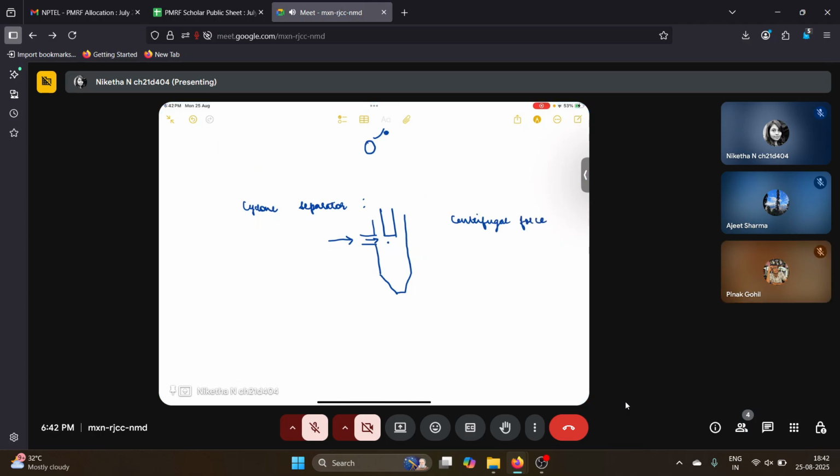What is the centrifugal force and how does it act?